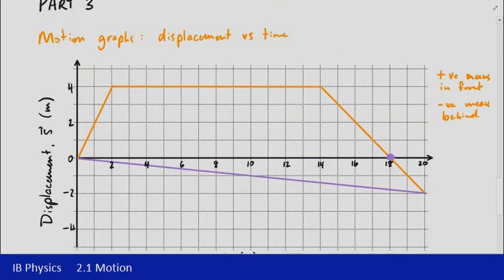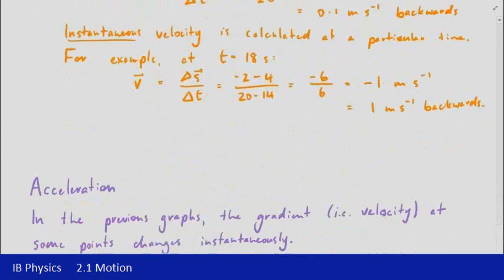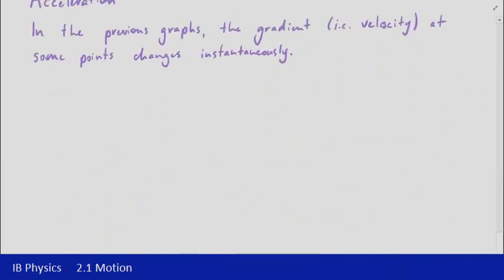Now in reality that doesn't happen. So that change usually will occur over a period of time. Change in velocity will occur over a period of time rather than being an instantaneous change.